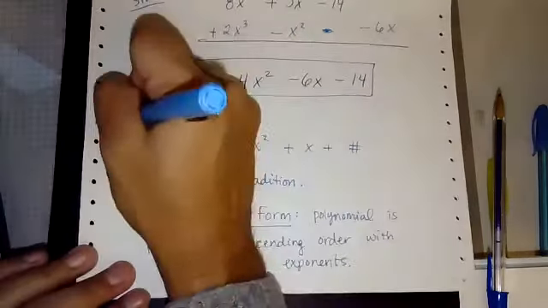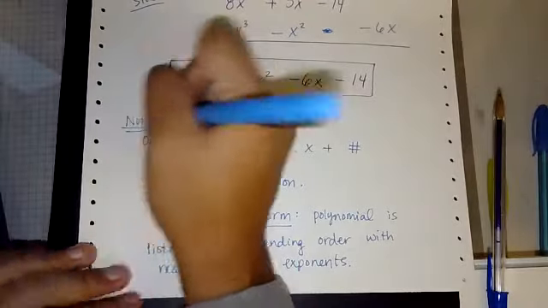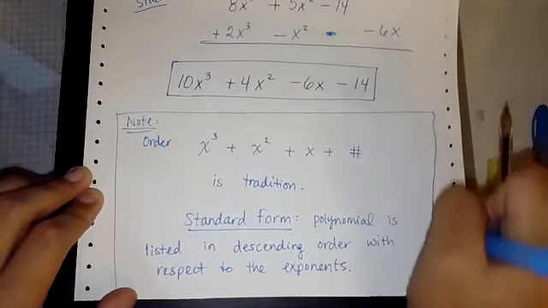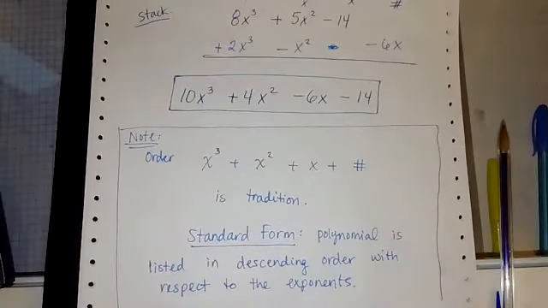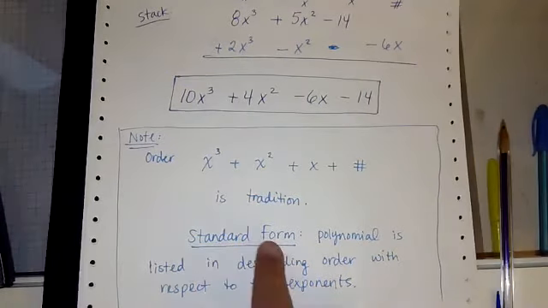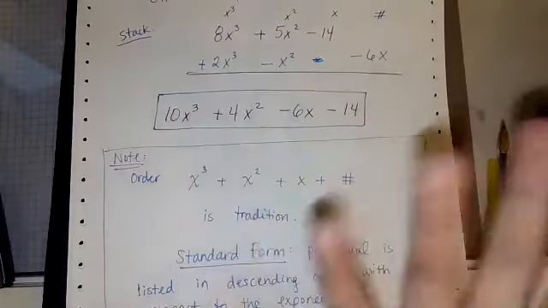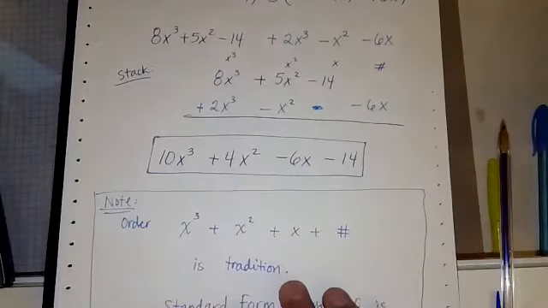Okay, and that's just a note. It's not a super big problem or anything. You know, Hawks will take it in whatever order, but I would just say try to keep it in standard form, in descending order of exponents. But otherwise, that's basically it for adding and subtracting polynomials.